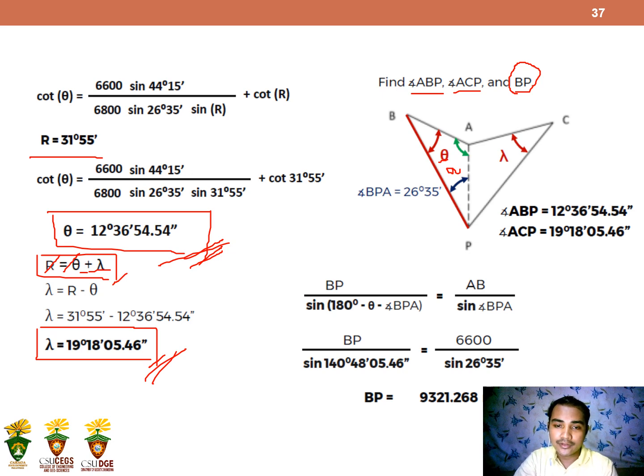And we also have AB, which is given as 6,600, over sine BPA, or sine alpha.